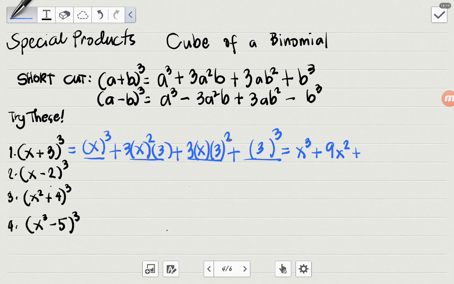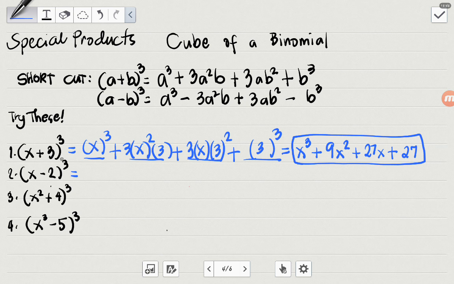Plus square ni 3, 9 times 3, 27 times x, 27x. Plus cube of 3, 3 times 3 times 3, that's 27. So this is our final answer. Medyo madali lang. Alam mo lang yung pattern. Okay, that's answer number 2.